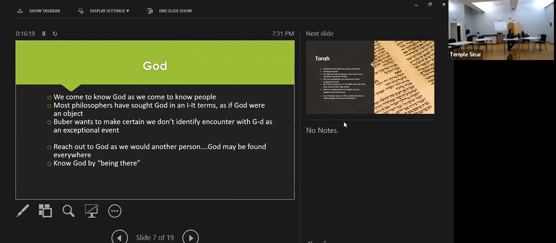You don't need a hand touch, you don't need a hug, you don't need words between you. You are fully aware that you are in a loving space with this person. That you are in an I-thou encounter with God just by virtue of being in it.